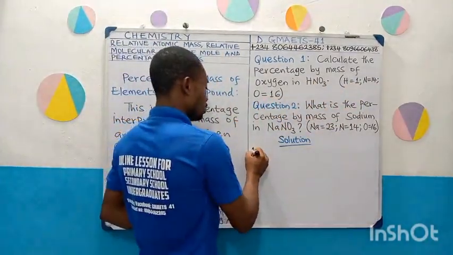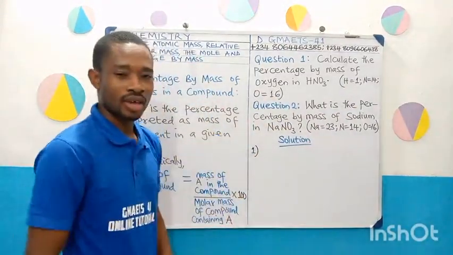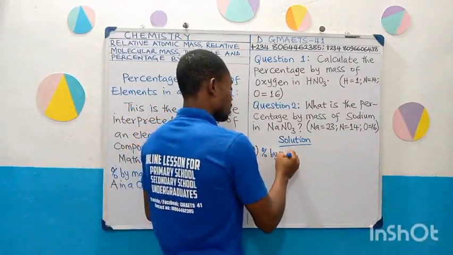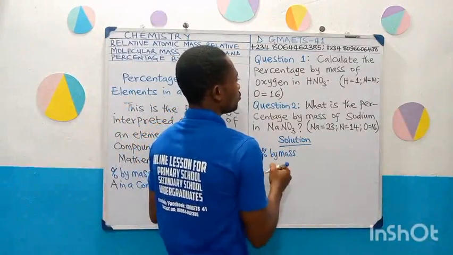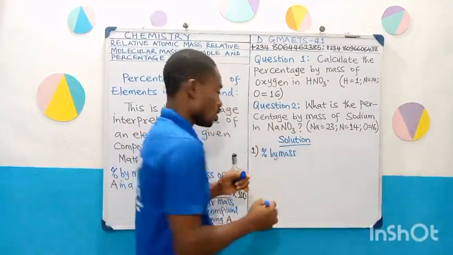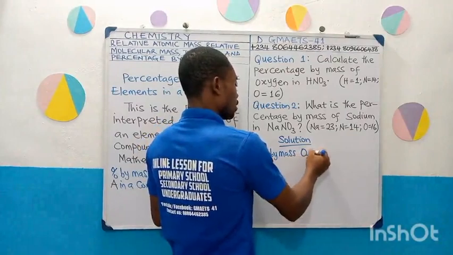So number one, I just want to solve that straight on, okay? What we are looking for is the percentage by mass of oxygen in HNO3.